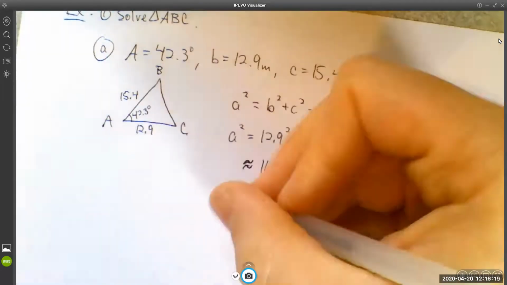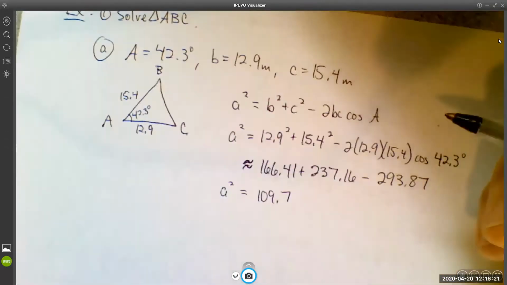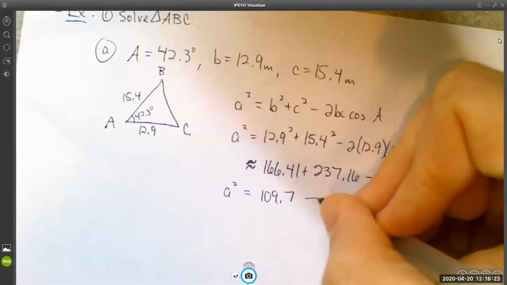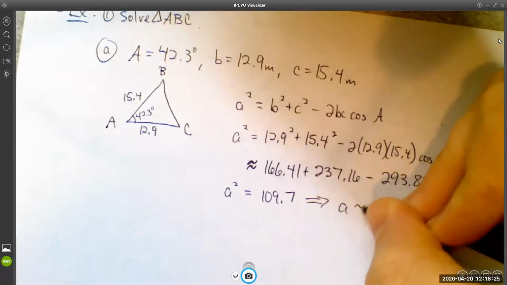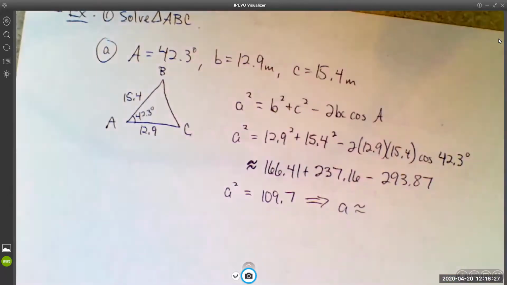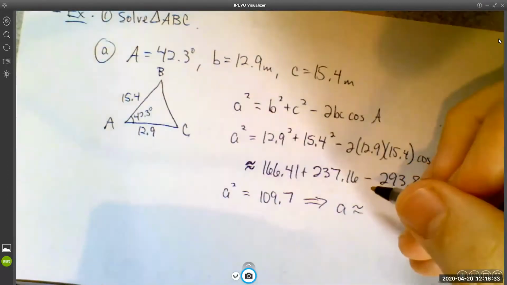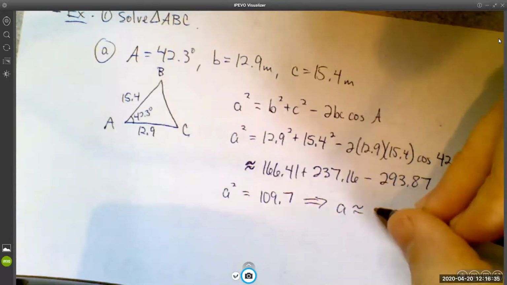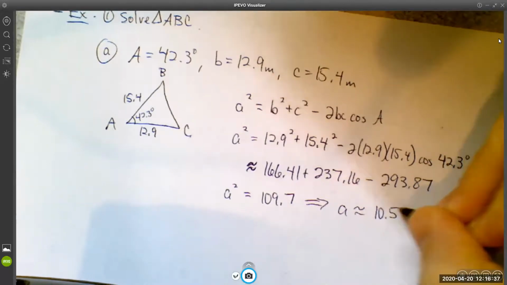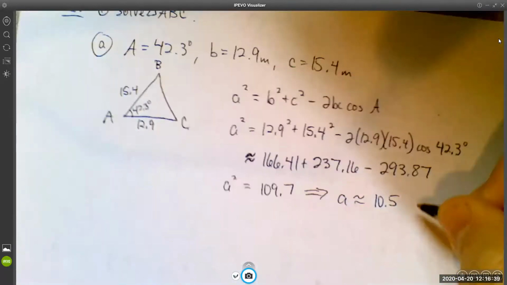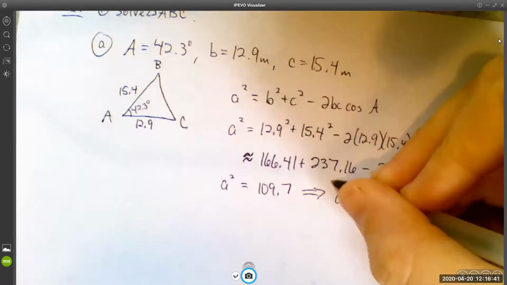That's a squared, right? So a squared is approximately that value. So that means that a would be the square root of 109.7. So I'm going to say square root now of that answer. Comes out to about, let's do 3 sig figs, so this is about 10.5 meters, right? 10.5 meters.